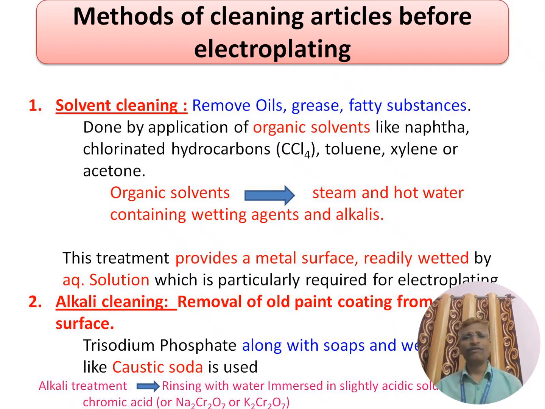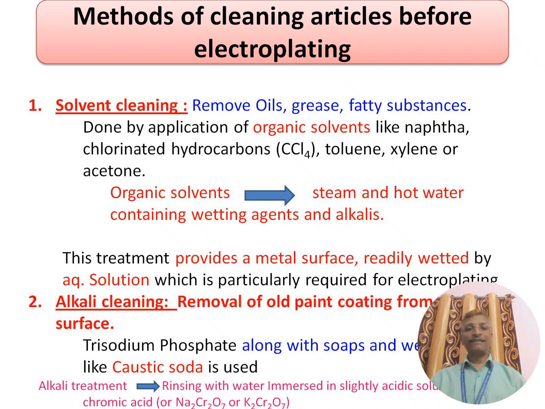These are very good organic solvents. They remove oil, grease and fatty substances from the surface of the object. This treatment provides a clean metal surface readily wetted by aqueous solution. That is very important, readily wetted by aqueous solution, because that is required for electroplating.